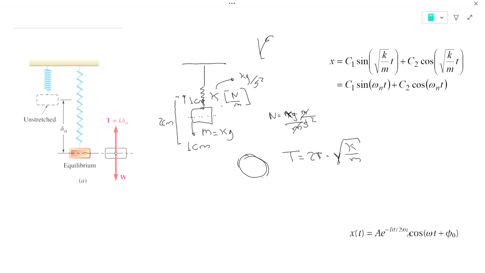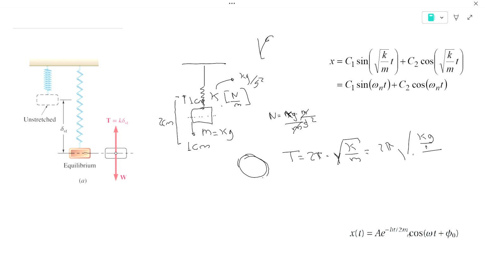Okay, so if we work this again, we will get the units. This is 2 pi times the square root of kilograms over 1, and then k over m.